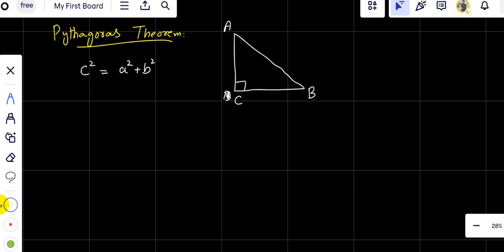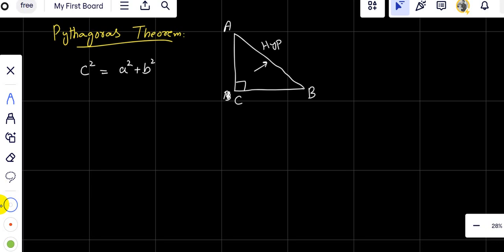Opposite the right angle, this side. Perfect. This is the hypotenuse, so we can write it as HYP. And the rest of these two sides are base, or adjacent, and perpendicular, or opposite. It depends upon the angle.